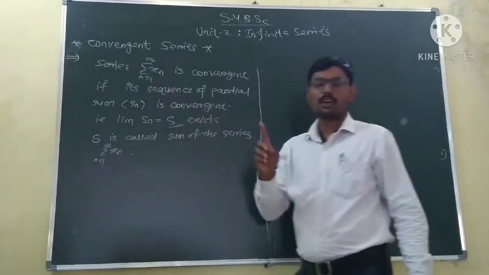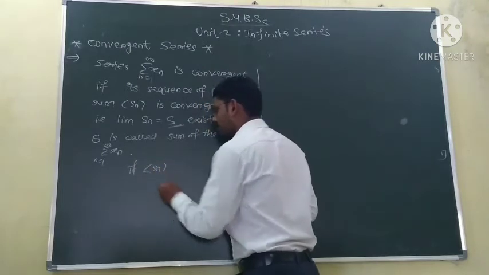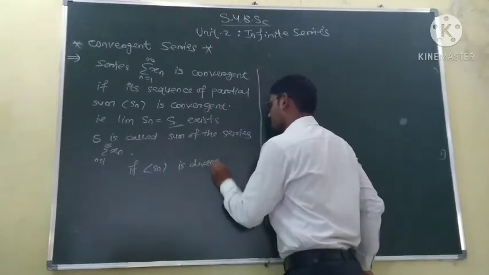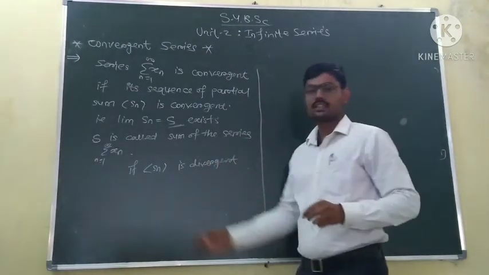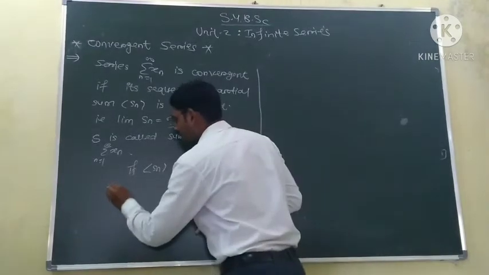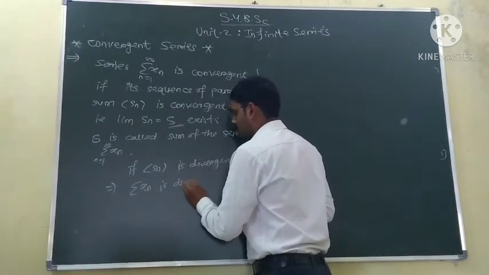Okay, so if Sn is divergent, where Sn is the sequence of partial sums for this series, then our series is not convergent. That is, the series is also divergent.